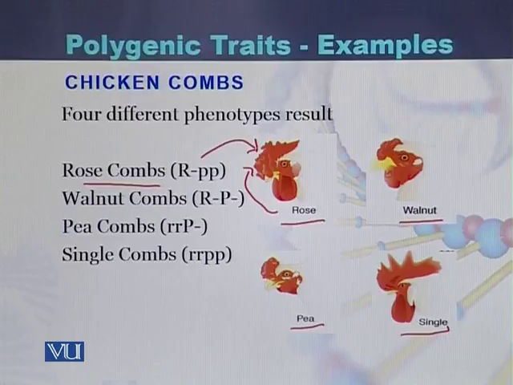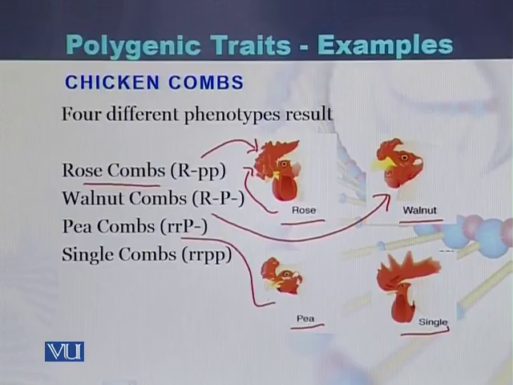While in case of walnut, the R gene is in dominant form as well as the P gene is in dominant form. When both the genes are in dominant form, there would be a walnut type of chicken comb. In case of pea comb, the R gene will be in recessive form, while the P gene is in dominant form.